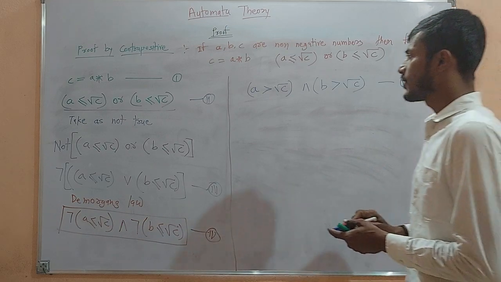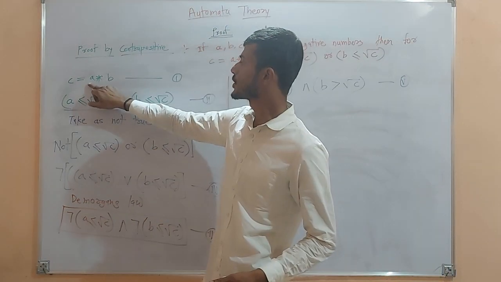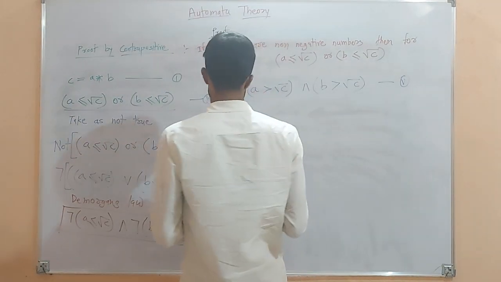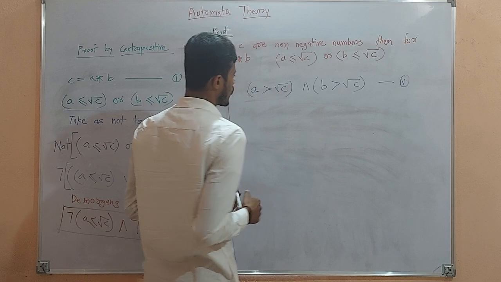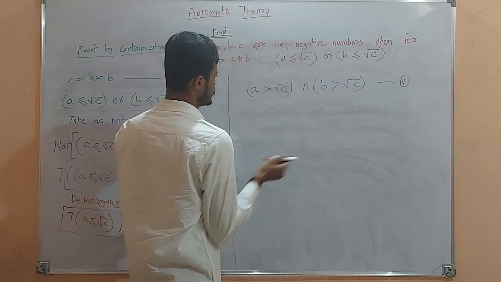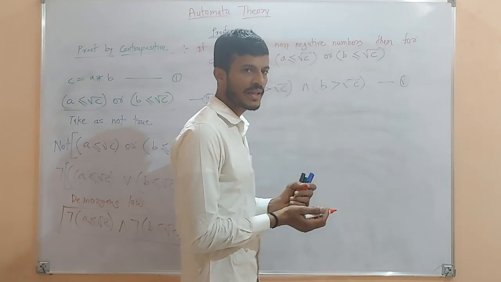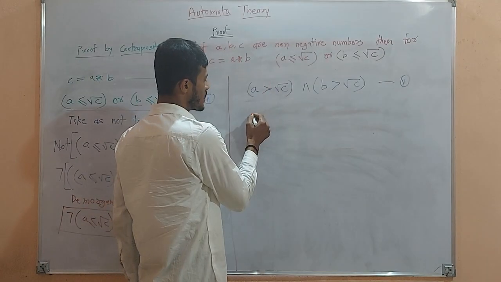As we know, we are taking the multiplication of A and B, which equals C. So if you go here, what will happen? A is greater than root C, B is also greater than root C. So what will be the result?